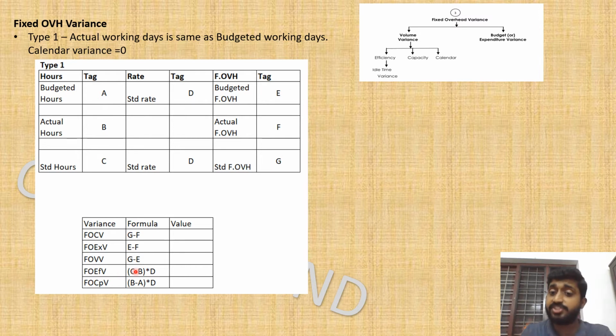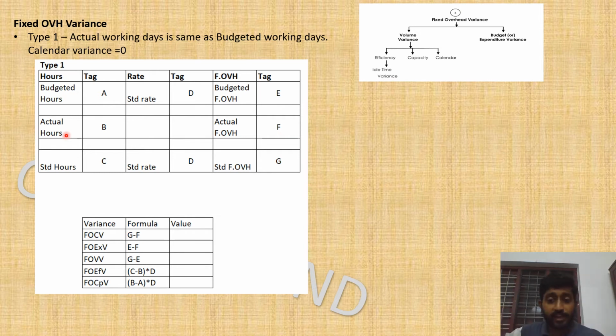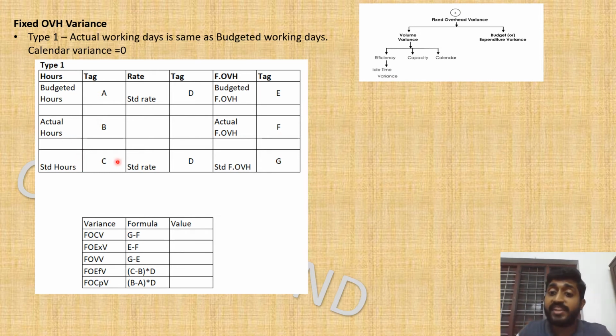Next is the efficiency variance. What is efficiency? How efficient you are in doing a work. So it is between the hours. If you see C minus B, standard hours minus actual hours. Actual hours, you have done the job in a particular number of hours. Standard is something different. So standard minus actual, how efficient you are, multiplied by the standard rate D, will give you the efficiency variance.